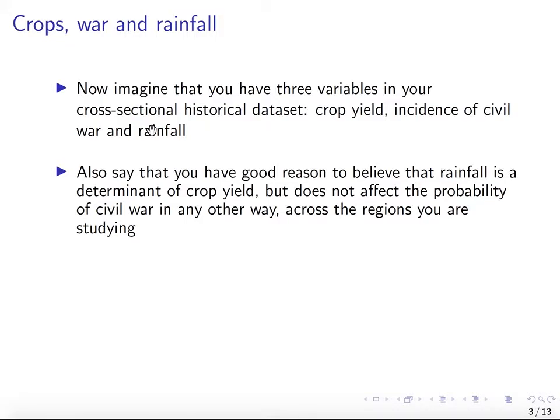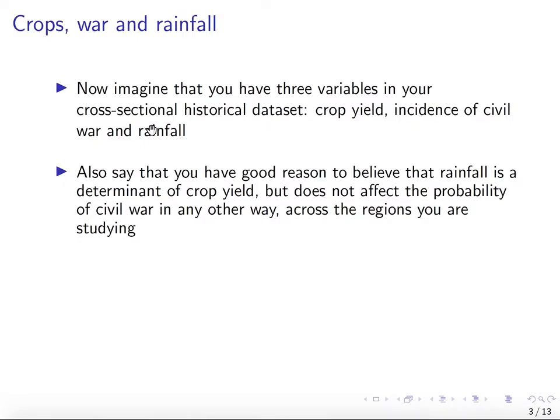In case it's not obvious to you, in years where it's raining more or in areas where it's raining more, usually yields tend to be larger. But say also that you believe that whether or not the rainfall is high is completely unrelated to, and uncorrelated with, the likelihood of civil war.